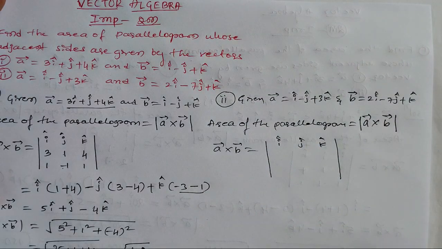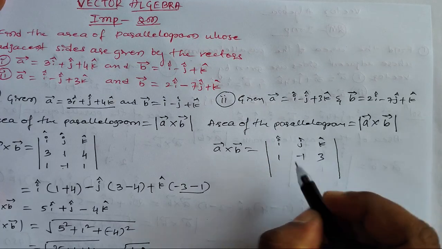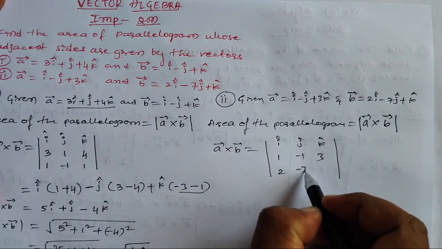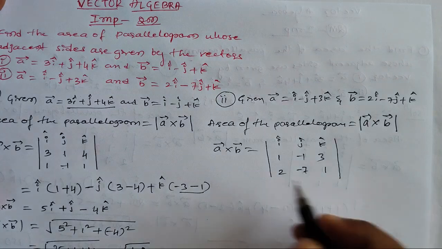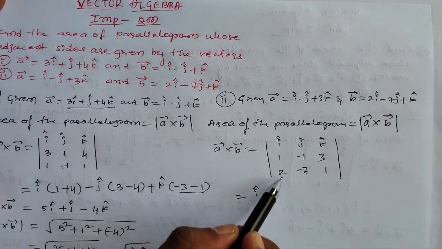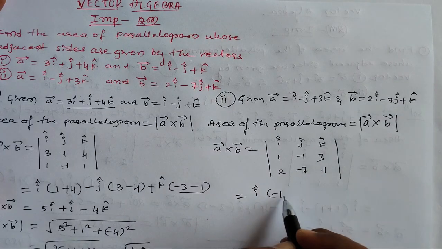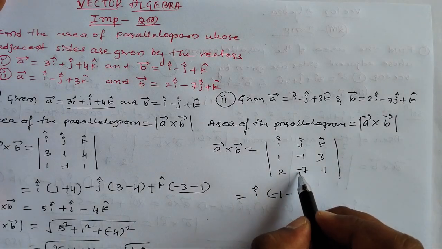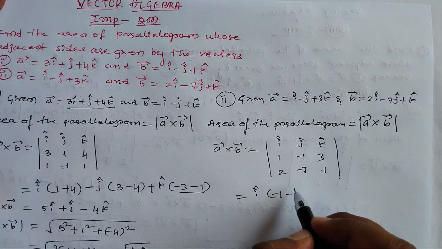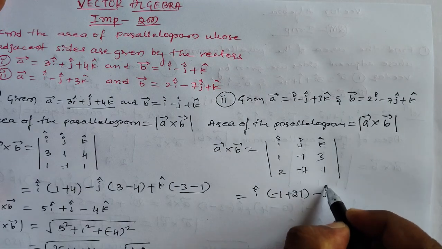You write the coefficients. 1, minus 1, 3, 2, minus 7 and 1, right? That is equal to i into bracket, leave this column and this row. Minus 1 into 1 becomes minus 1, minus 7 3s are 21, minus 21, minus minus plus 21, minus j.